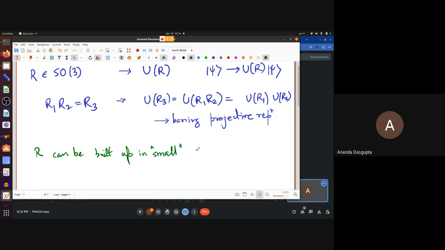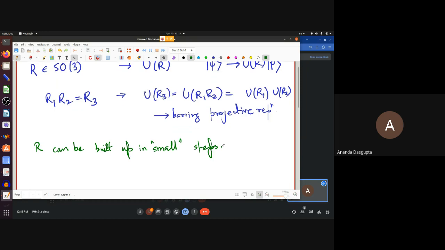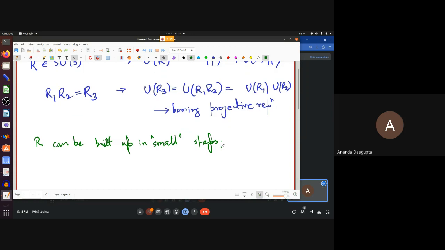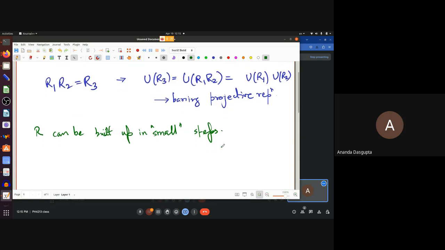Even when we are talking about big rotations, you can think of a very small rotation about an axis, then another very small rotation, another very small rotation, maybe along the same axis, and they all add up together and you end up with a big rotation. So small rotations are an important building block. Now, a null rotation, no rotation at all. What is the matrix representing that?